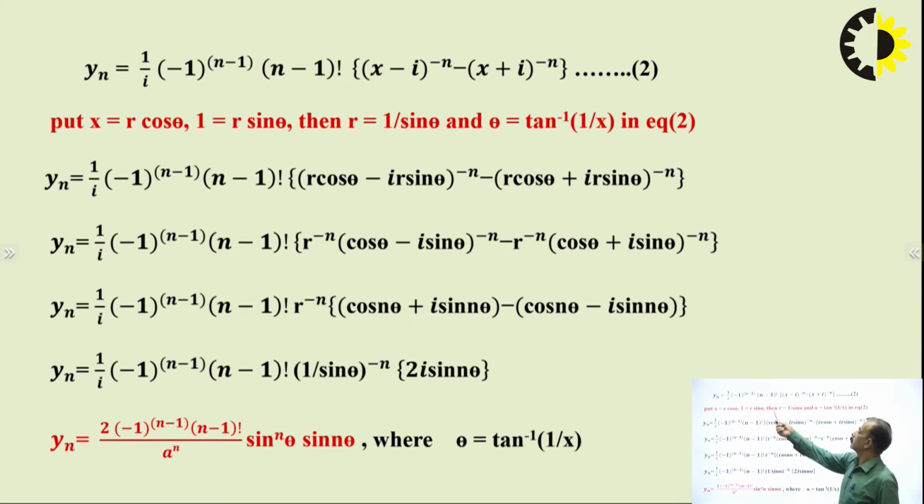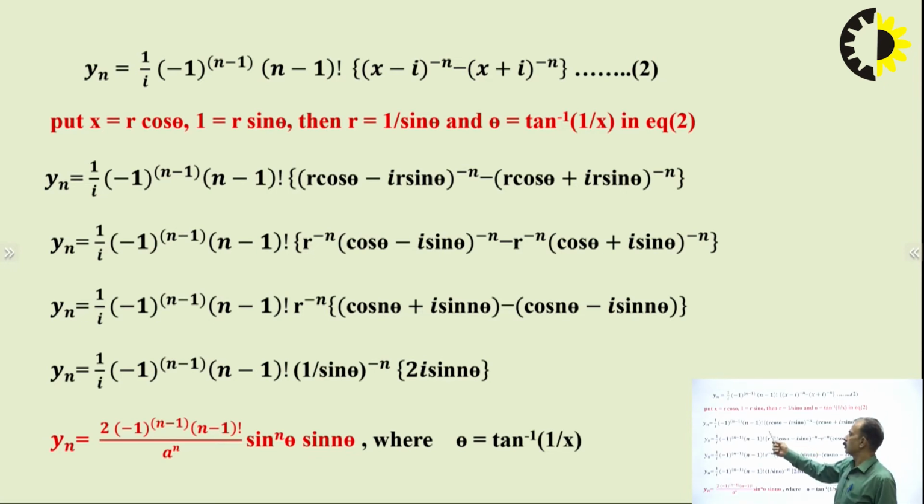Again we write the nth derivative yn as 1 upon i into minus 1 raised to the power n minus 1 factorial into (x minus i) raised to the power minus n minus (x plus i) raised to the power minus n. Now we put x equal to r cos theta, and because the coefficient of i is 1, we put 1 equal to r sin theta, and theta equal to tan inverse 1 upon x, putting these values in equation 2.